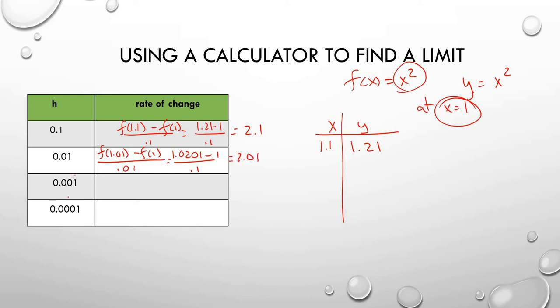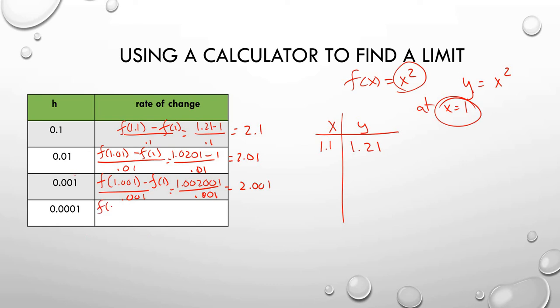I'm going to make h even smaller, bringing my second value really close to my f of 1. f of 1.001 minus f of 1 over 0.001 gives me 1.002001 minus 1 over 0.001, which is 2.001.